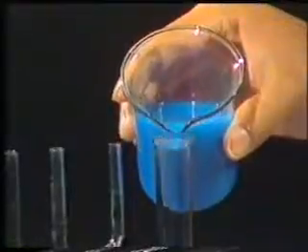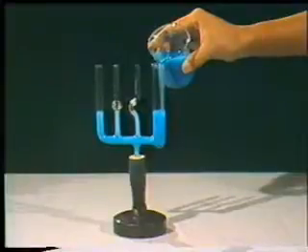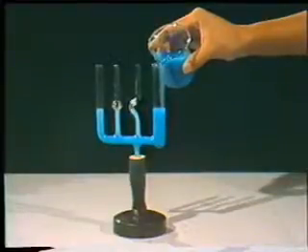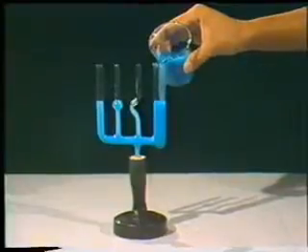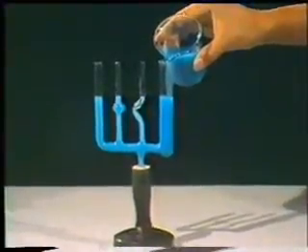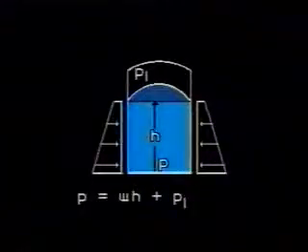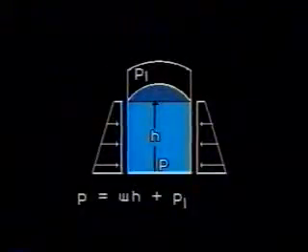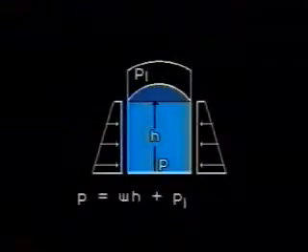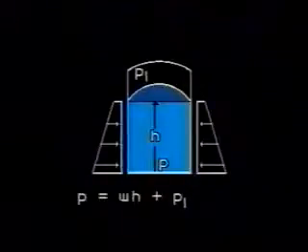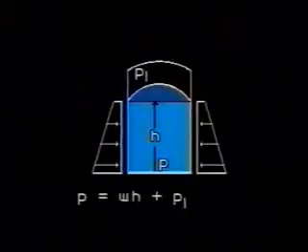The pressure at the bottom of a number of connected glass tubes of different diameters and shapes, each containing the same depth of water, will be the same. If there is a pressure P1 above the free surface of liquid, then the pressure at the bottom will be P equals WH plus P1.